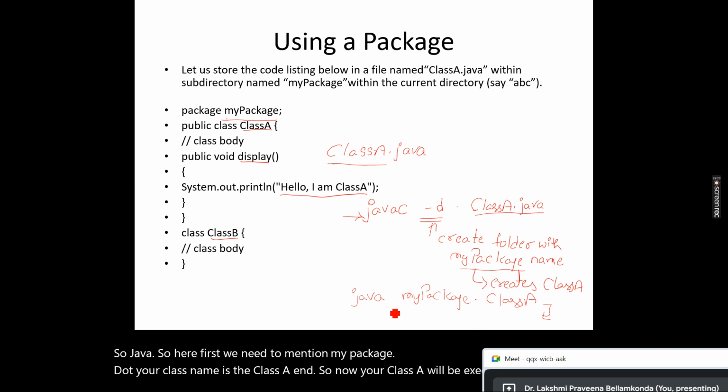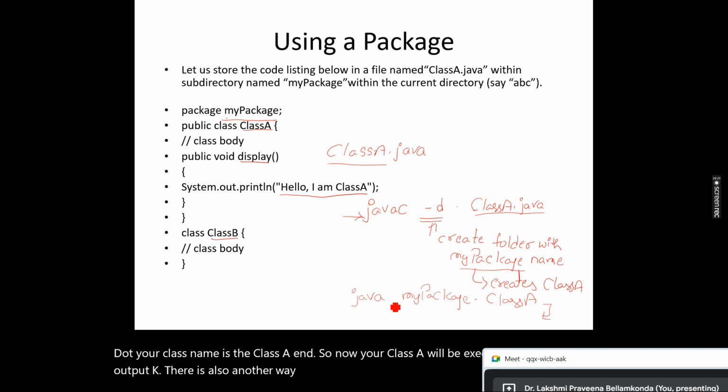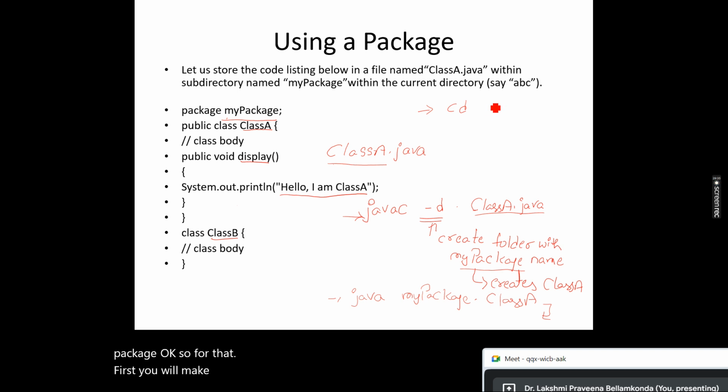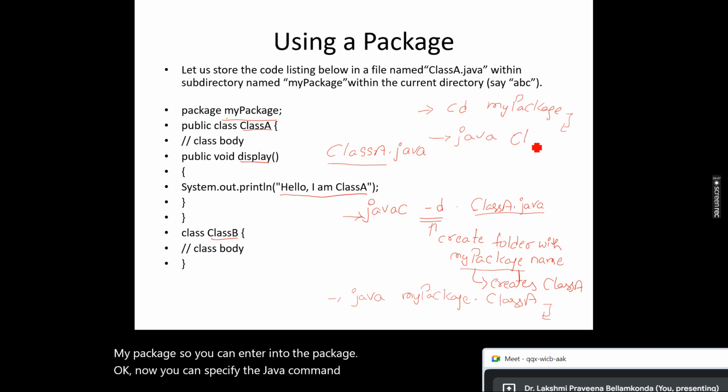There is also another way to run the program: first you enter into the package. For that, make a cd my package, so you can enter into the package. Now you can specify the java command, java class A, so that it executes your class.